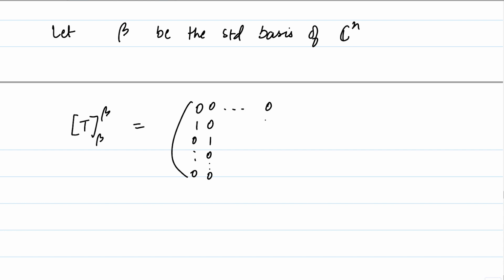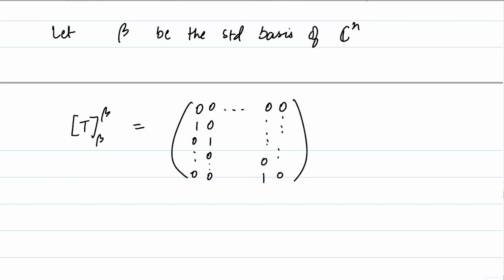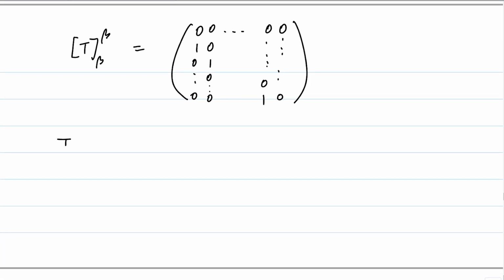The n minus 1th column would be (0,0,0,...,0,1) with 1 in the nth position, and the final column, if you notice, T of En is going to be 0, because it has only 1 in the nth coordinate and 0 elsewhere. By shifting it to the right, it's being thrown out. So this is the matrix of T with respect to beta. The conjugate transpose, the adjoint of this matrix, in this case the entries are real, so the conjugate will be the same.